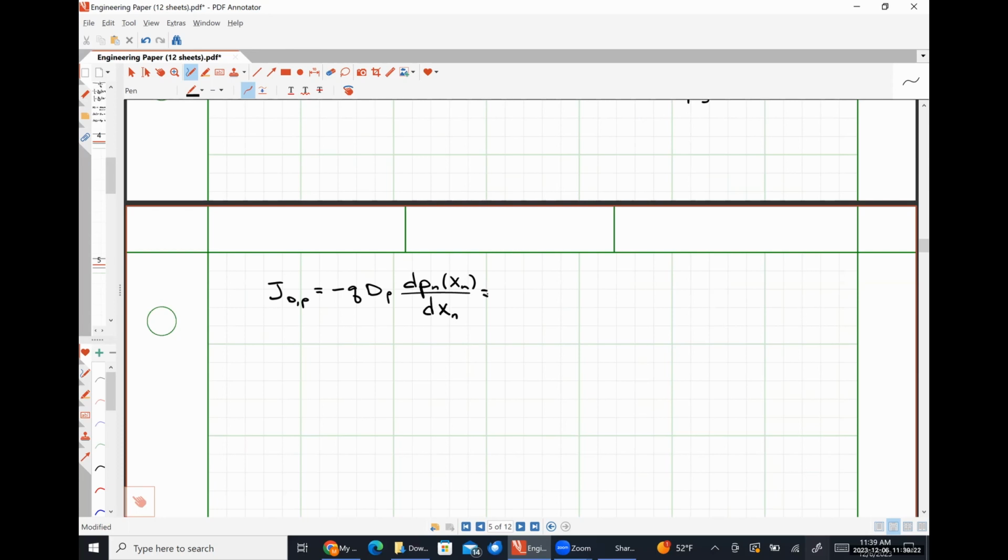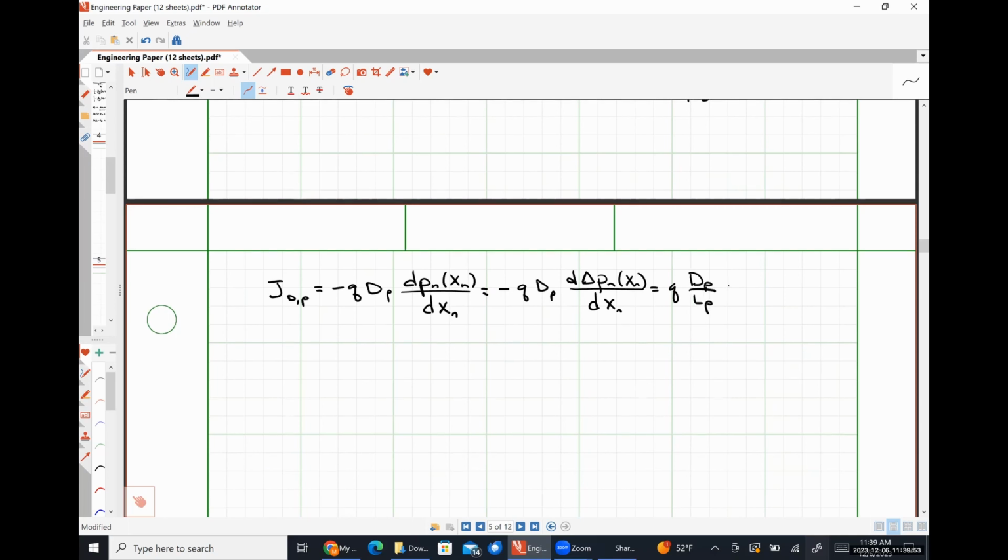Because P_n naught was a constant, this is negative Q D_P times the derivative of delta P_n as a function of x_n over x_n, or Q times D_P over L_P, delta P_n at 0, exp negative x sub n over L sub P.